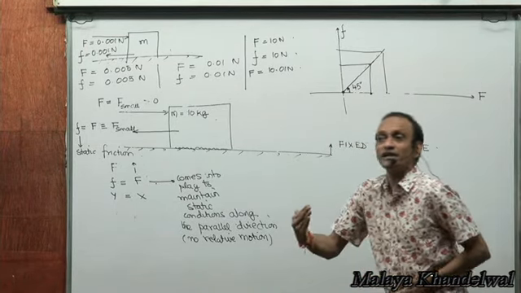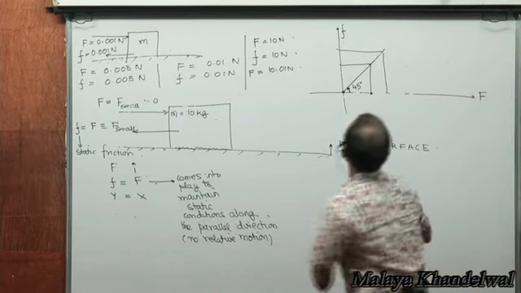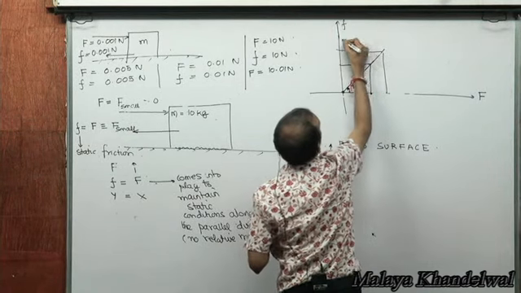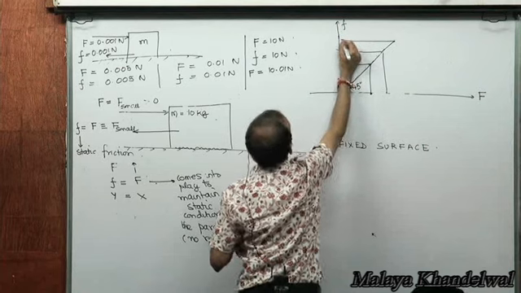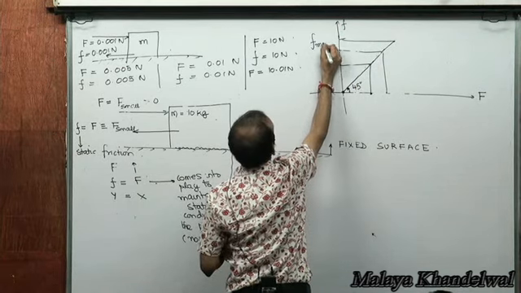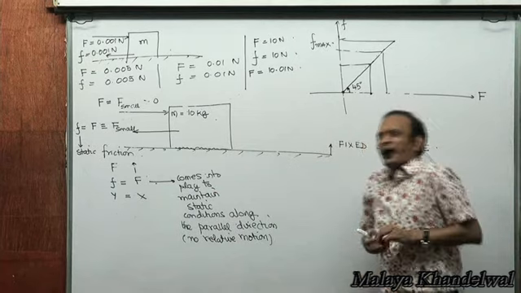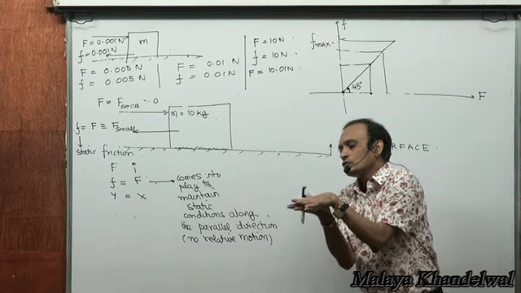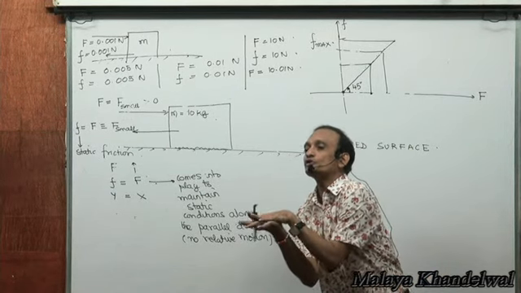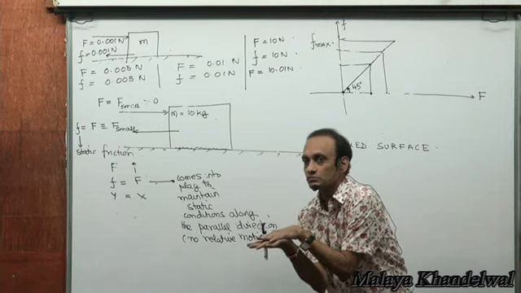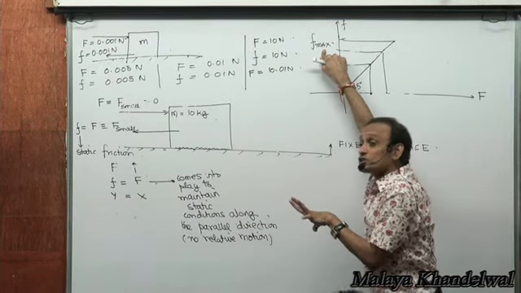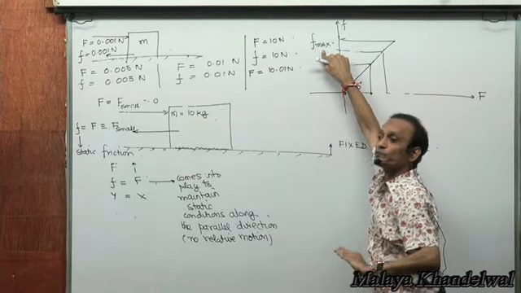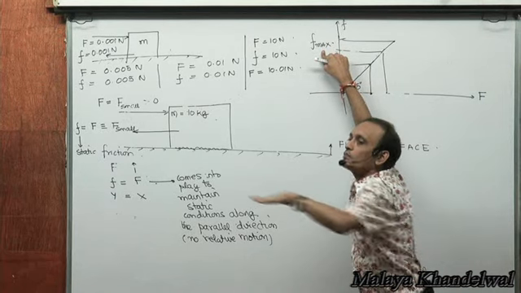There is a maximum value that static friction can have between the two surfaces. This is the maximum value of static friction, let's say, between the two surfaces. That's the maximum value of friction that can exist between two surfaces that have no relative motion along their common tangent direction.